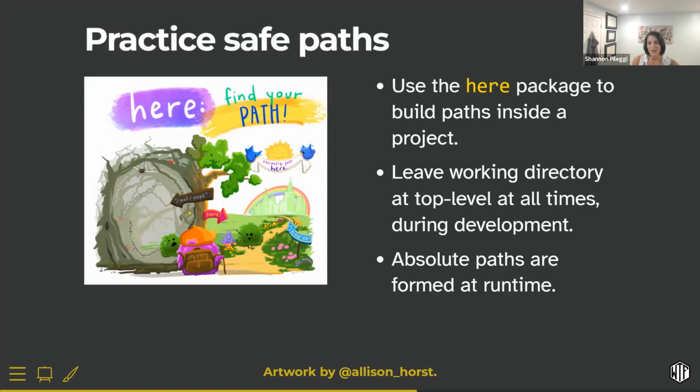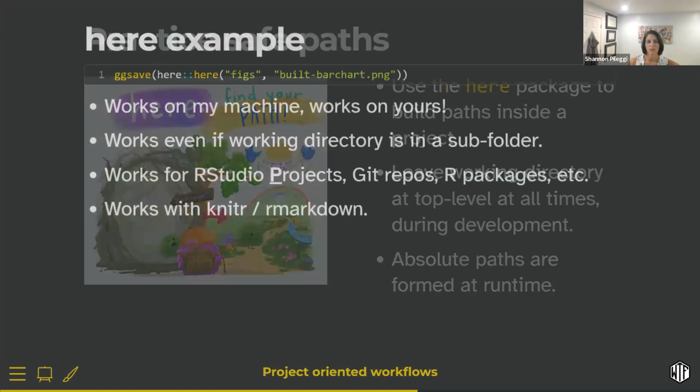What this does is build paths inside of a project. It's going to leave the working directory at that top level at all times during development, and absolute paths are going to be formed at runtime as you are executing things. We'll take a look at an example of this.